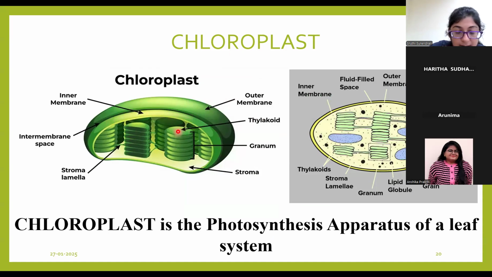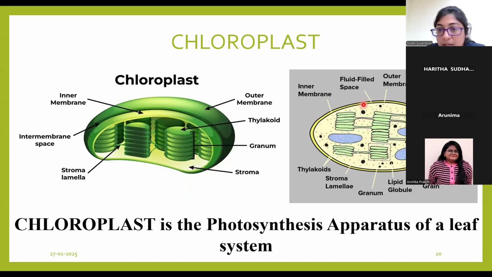This flat sac-like structure is called a thylakoid, and a bunch of these together is called a granum. All of these thylakoids are embedded in an aqueous medium called the stroma. So the important structures in the chloroplast are the thylakoid and the stroma.